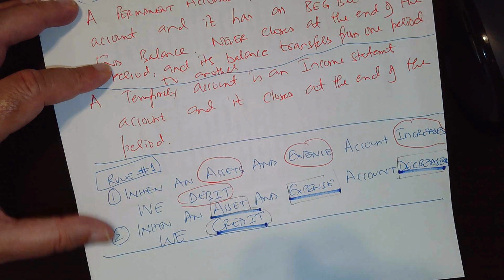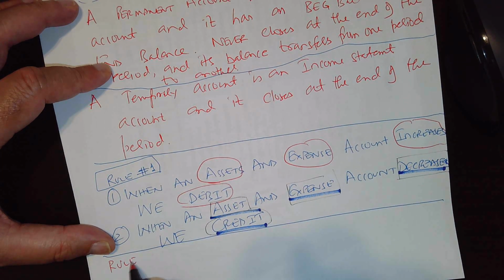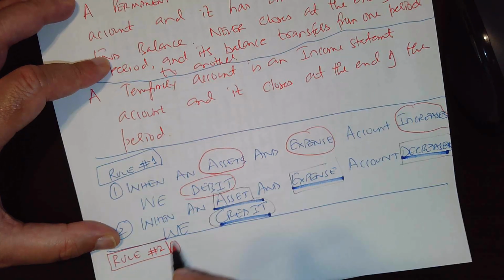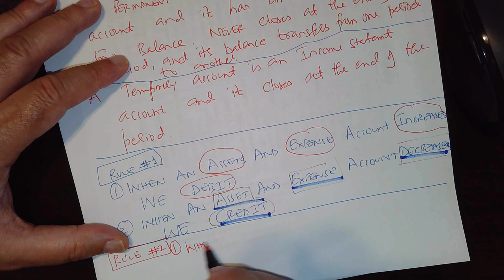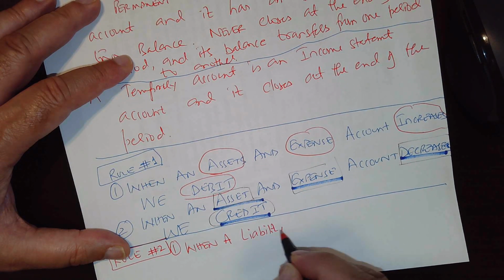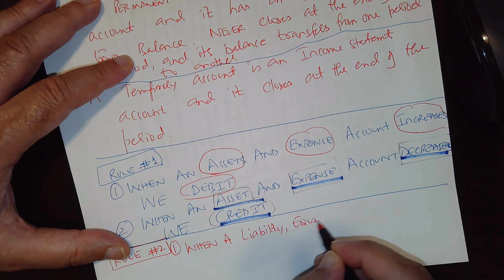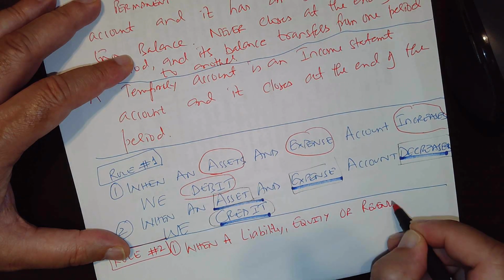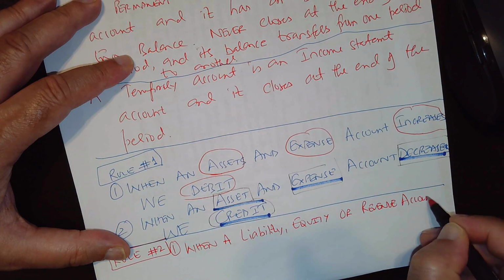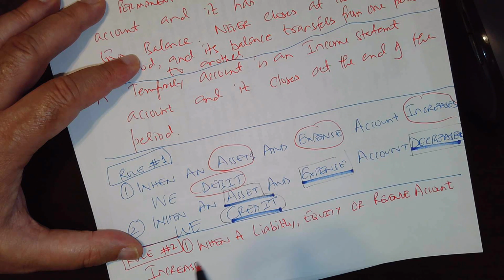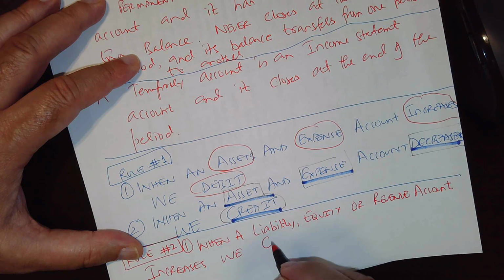All right, now rule number 2. When a liability, equity, or revenue account increases, we credit.